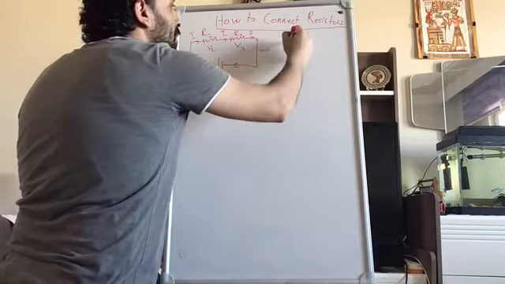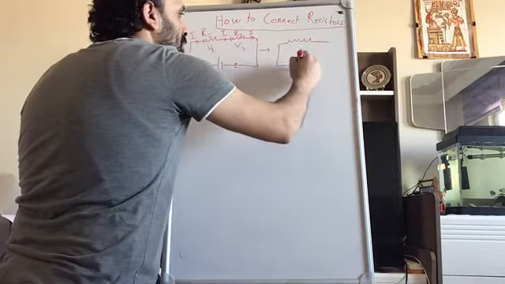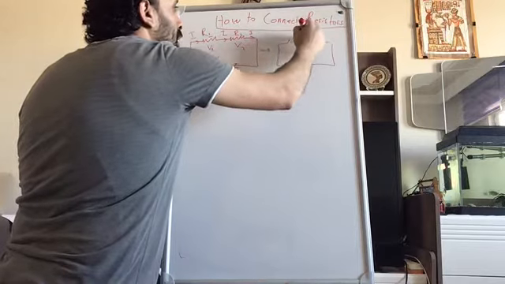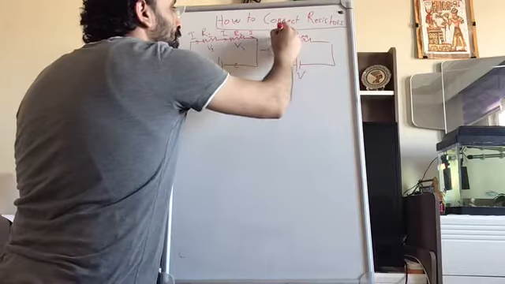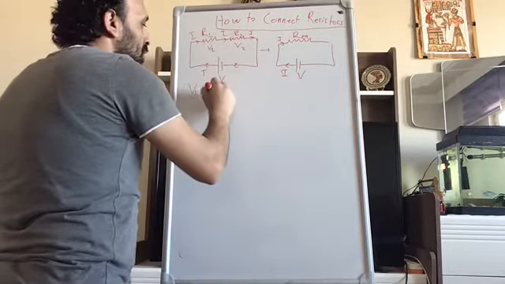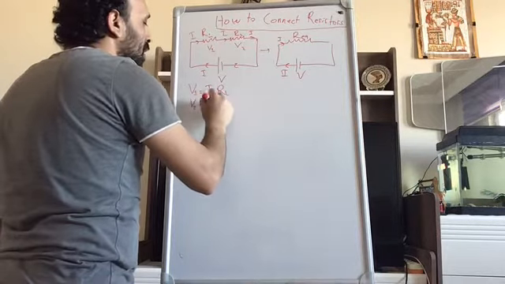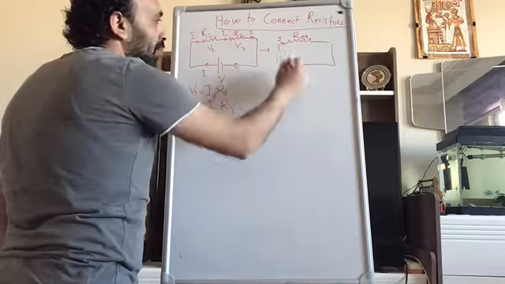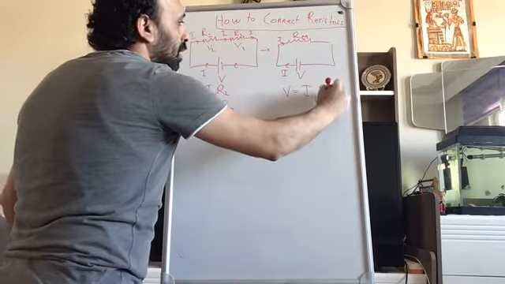But you want to have this circuit, which is equivalent, with the same power supply and same current. And from here, V1 is equal, by using Ohm's law, to I times R1, V2 is equal to I times R2, and from here also V is equal to I times R equivalent.